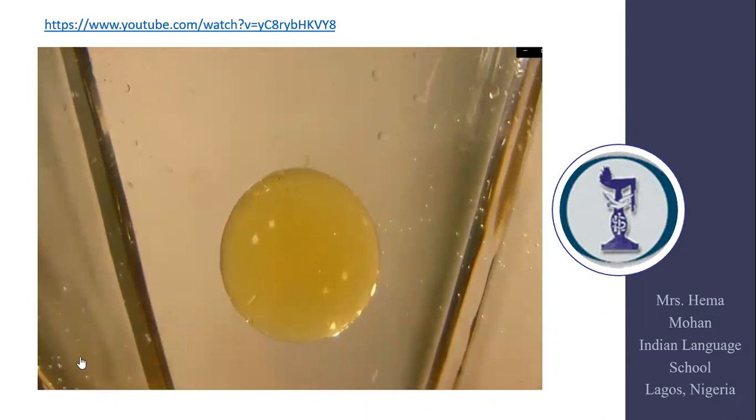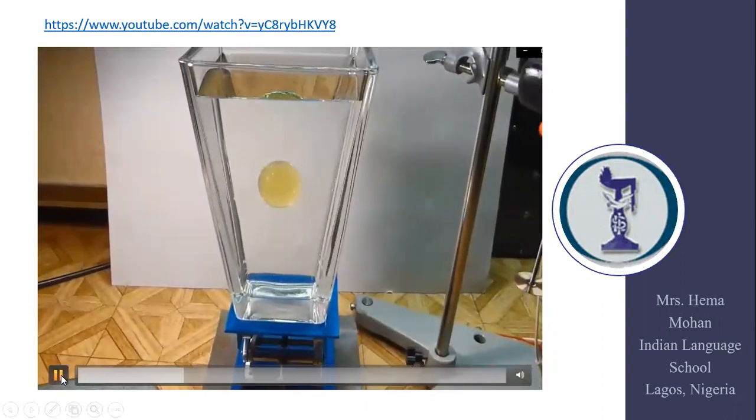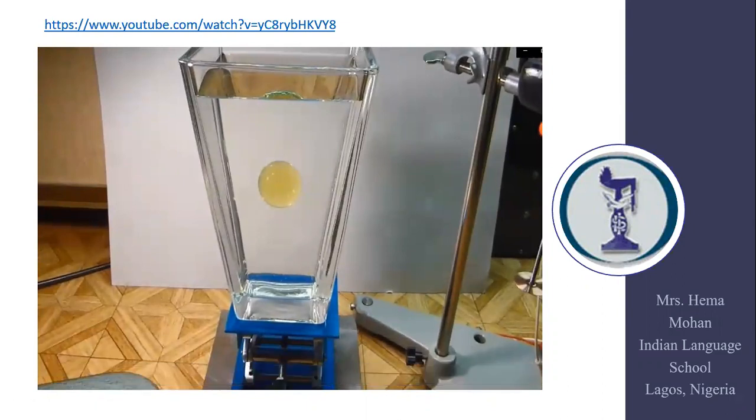And what they have done over here is they have actually used a pipette to add a few drops of olive oil inside this mixture of water and alcohol, and they have coalesced them together to form a single oil drop. And you can see here what has happened. The oil drop is suspended in a perfect spherical shape.